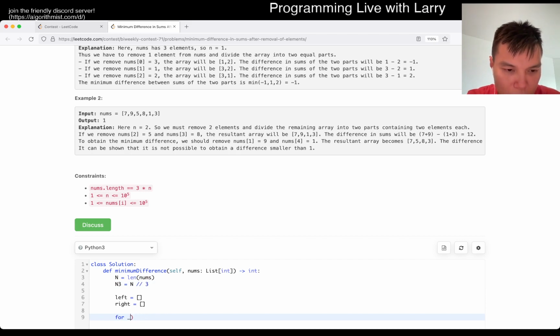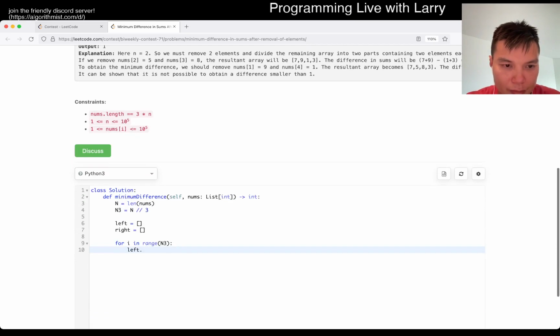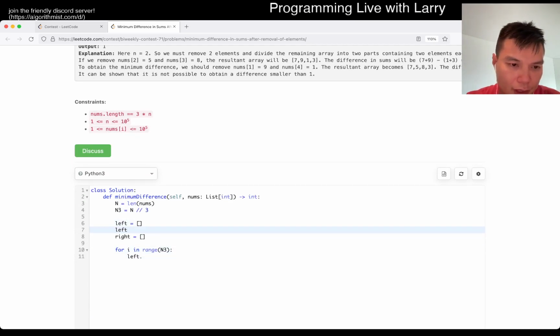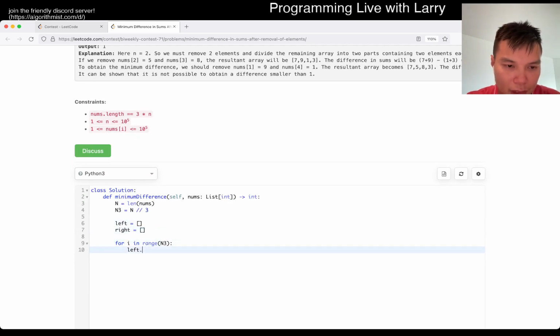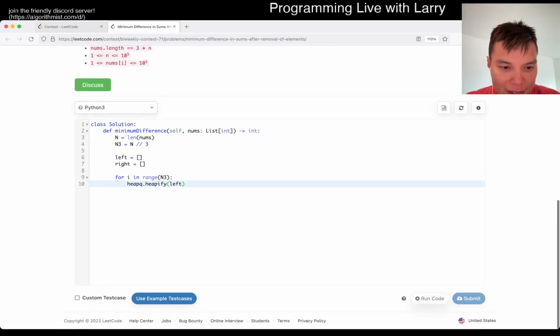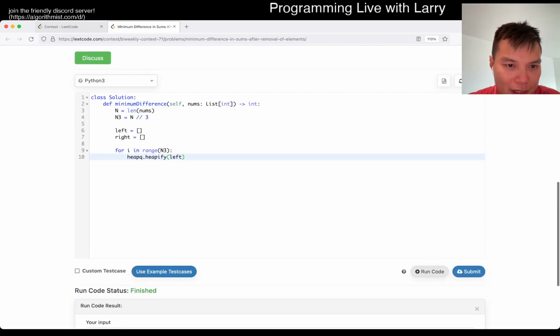Yeah, actually that should be fine. Do later. There's like a heapify, is that a thing? Okay, so that's not a syntax error, so I can use this later.